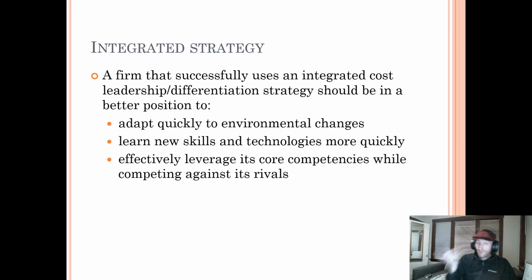So it's kind of cool if you can actually get into this space, because theoretically you should be in a position to quickly adapt to environmental changes. You're in a position where you can learn new skills and technologies really quickly, and you can better leverage your core competencies while still competing against your rivals.